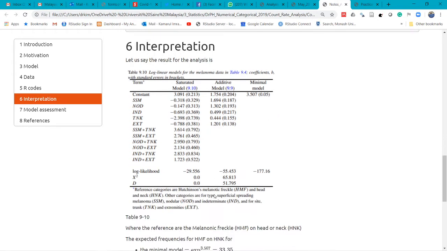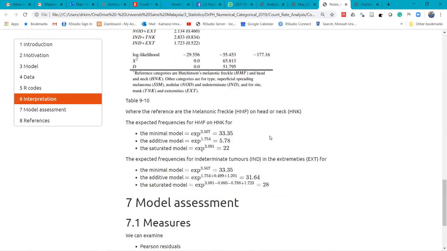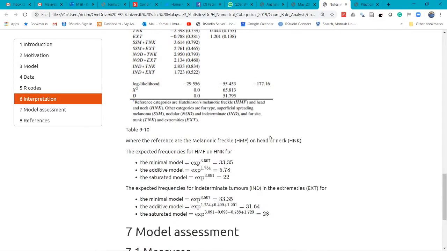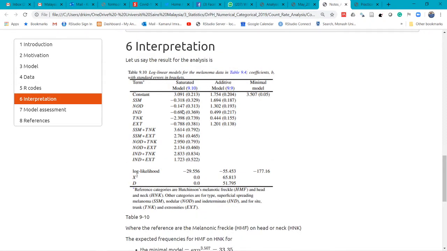So you have the saturated model where you have the site and the tumor type and the interaction. This is the additive model where you have only the site and the type of tumor, and this is where you have nothing as predictors, and then you'll get the intercept constant. So this is basically the log of count.